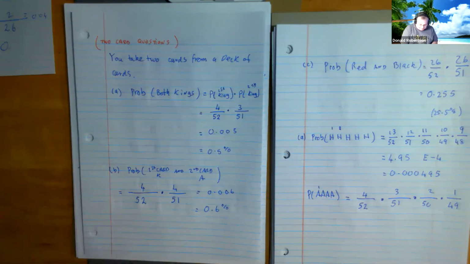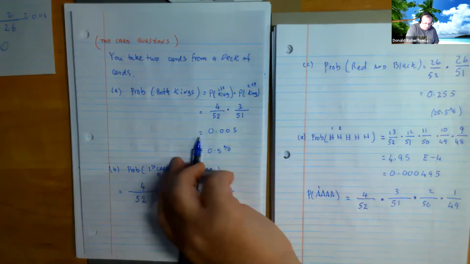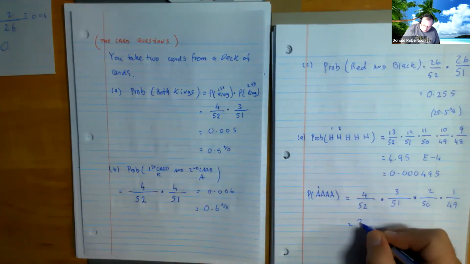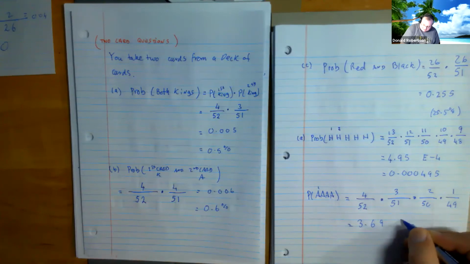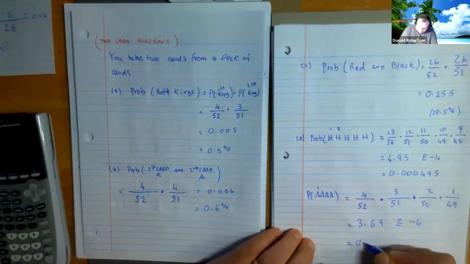Now, that particular one, here it goes. .69 e to the negative 6. It's almost getting to the point where it's ridiculous.